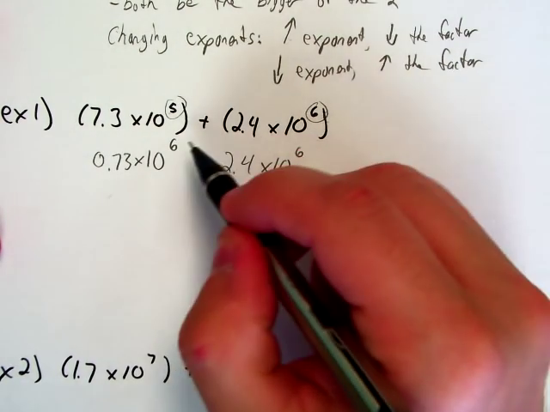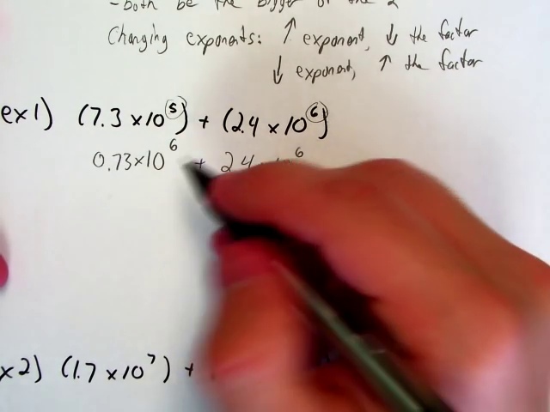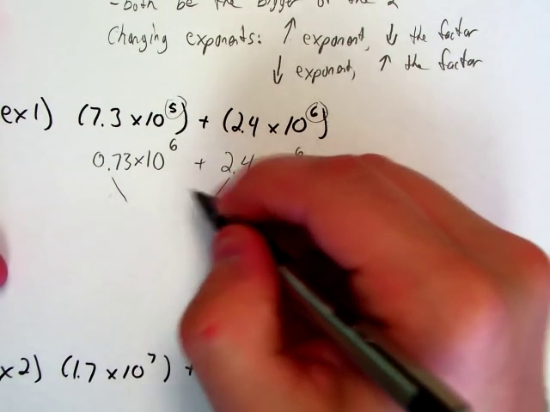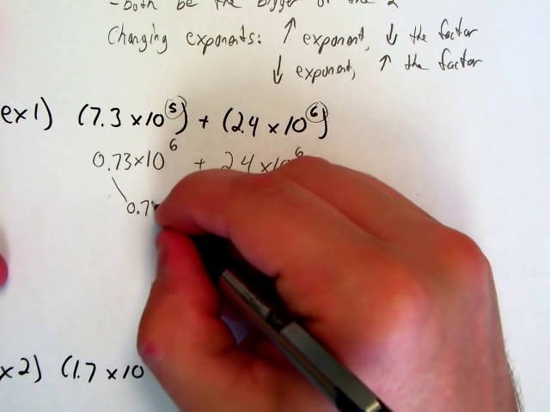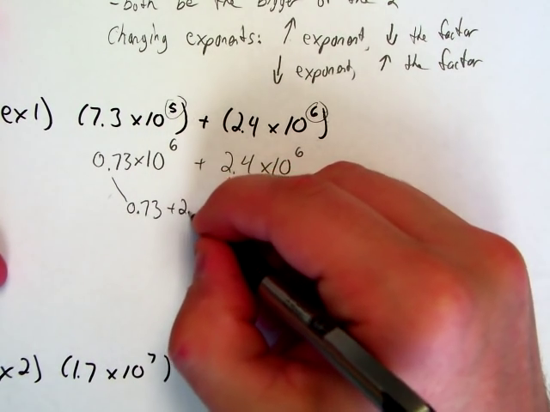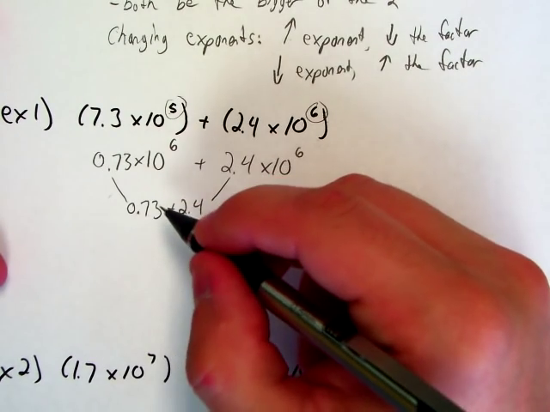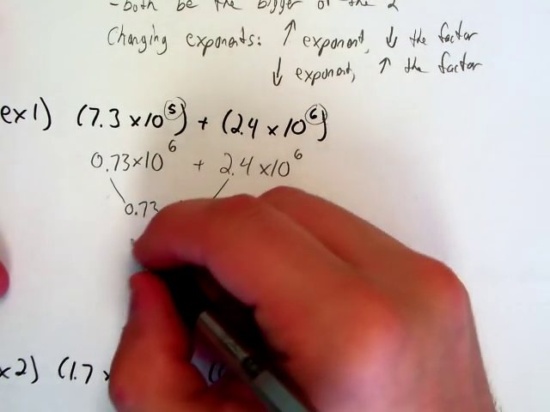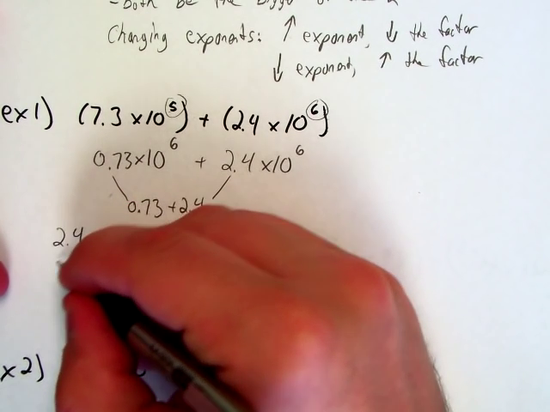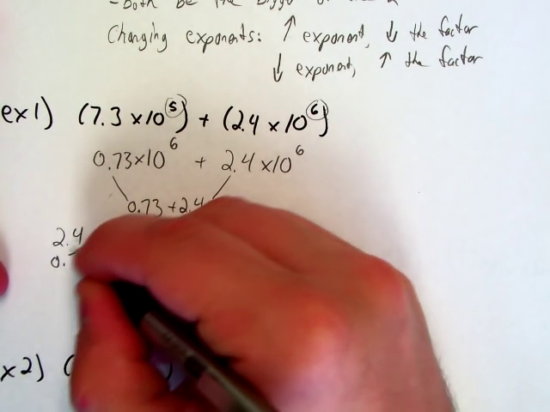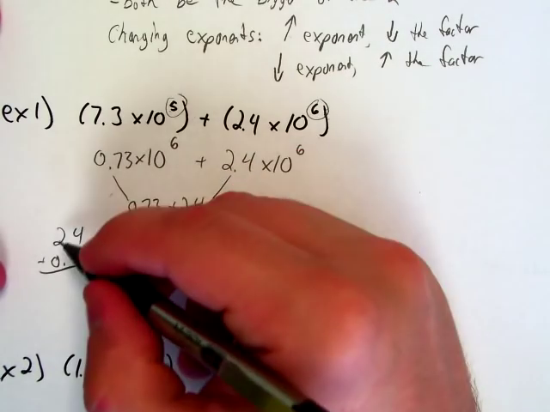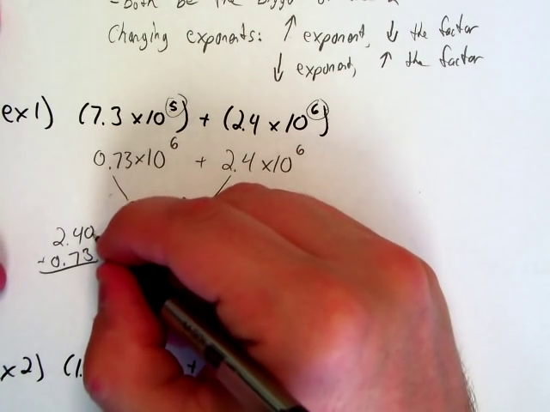Now that both exponents are the same, we're going to add the two factors out front. So 0.73 and 2.4. Remember, when we add numbers that have decimal points, we have to line up the decimal points.